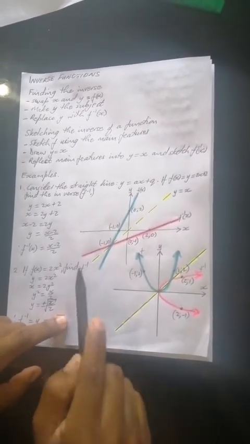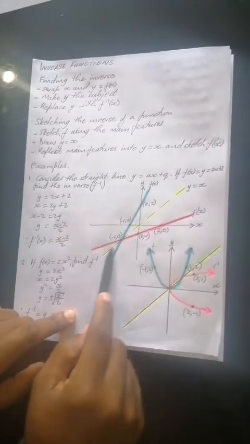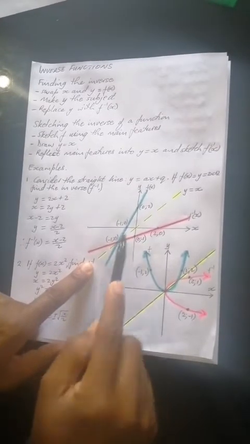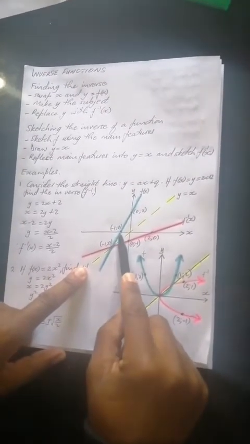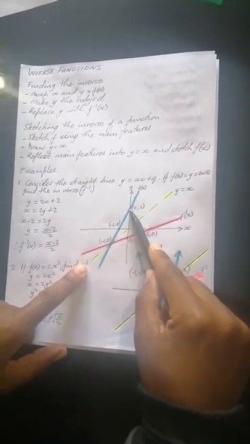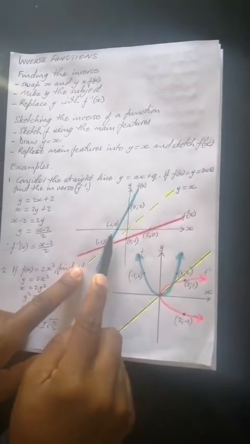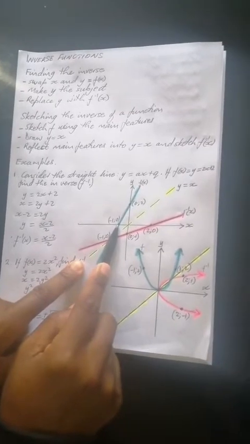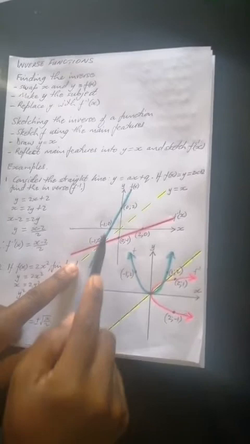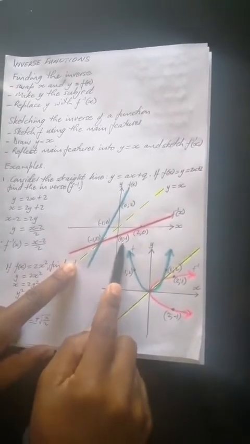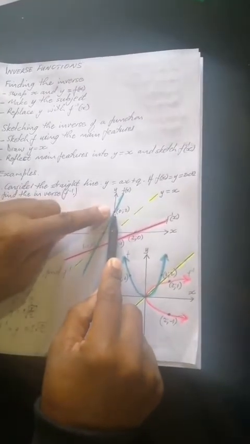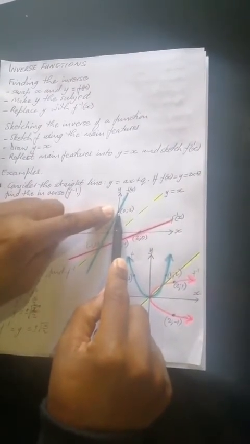Remember we said we draw the line y is equal to x. This is our f. What are the main features? The point on the x-axis and the point on the y-axis. So if we are reflecting this point in the line y is equal to x, we have 0 and minus 1, which means it's right here. And for this one, x becomes 2 and y becomes 0.